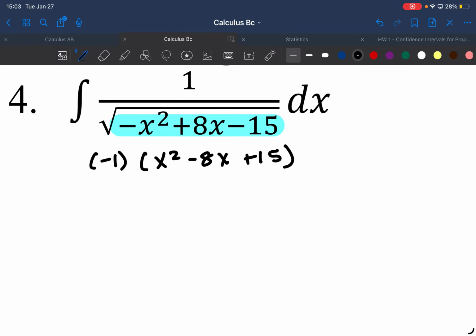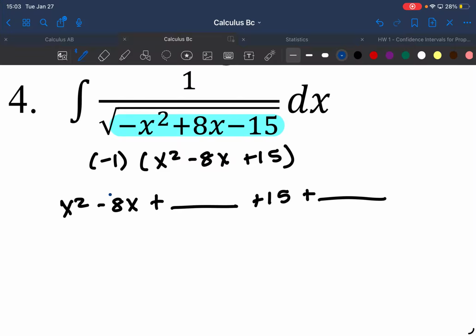Then I'm going to do completing the square. So I have x squared minus 8x plus blank plus 15 plus blank. I look at my b value, which is -8. Always include the negative. I take -8 and divide it by 2, which is -4, and then square it. 16, so I'm going to add 16 and then subtract 16. Because ultimately, what am I doing? Adding 0.